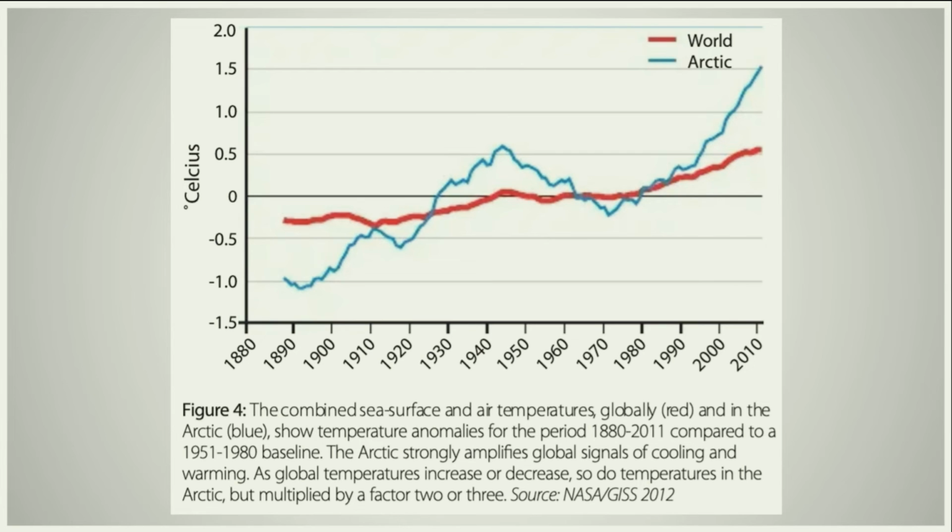There was a little bit of cooling, just for a short period. But when we look at the temperature in the Arctic, not only does it increase more rapidly than the rest of the world, here and here, but when the rest of the world is cooling, it cools more rapidly. So changes in the Arctic, both warming and cooling, happen more rapidly than in the rest of the world.